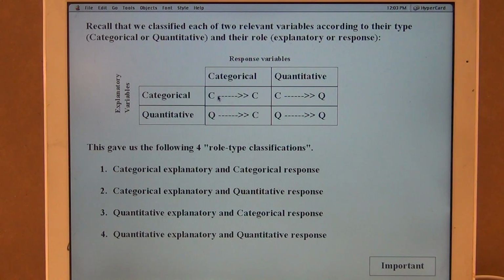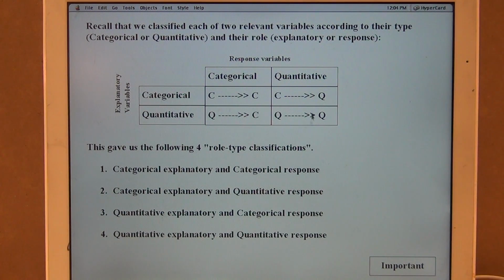We can have a categorical explanatory and categorical response. We can have a categorical explanatory and a quantitative response. We can have a variable that is quantitative explanatory and categorical in response variable. And we can have a quantitative explanatory and response variable, and that's the four types.